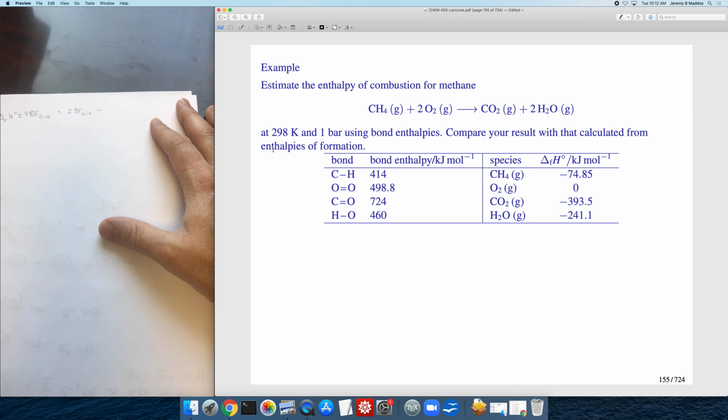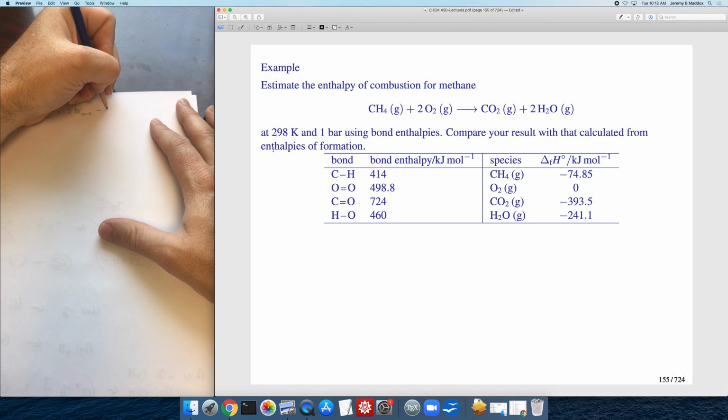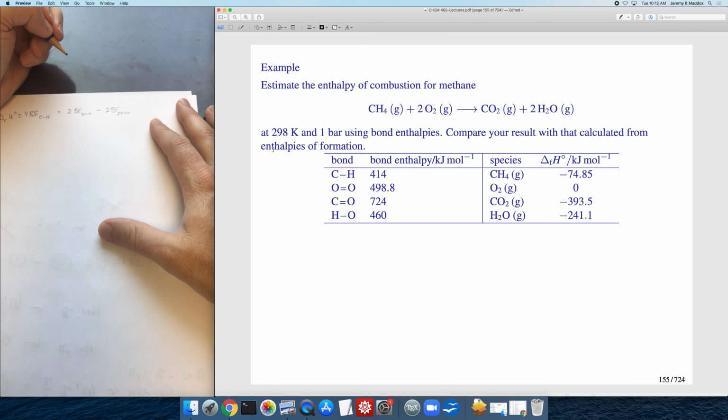Well, carbon dioxide has 2 carbon-oxygen double bonds. So we're going to subtract off the bond enthalpy for 2 carbon-oxygen double bonds.